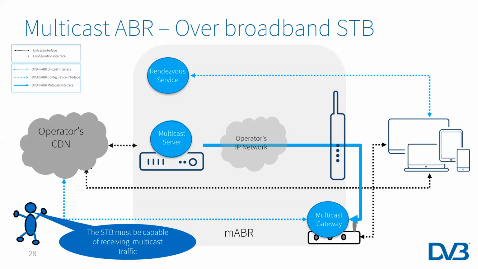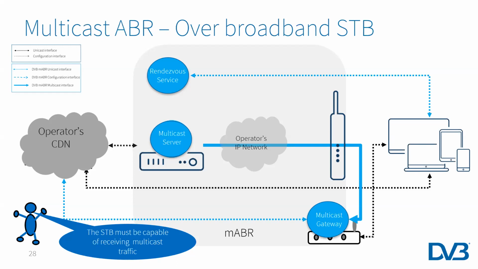This is typically possible with some deployments. Operators, when they sell their triple play service, usually send customers the residential gateway with the set-top box, and the latter is connected through a dedicated port on the residential gateway, ensuring good multicast transport between the residential gateway and the multicast gateway.